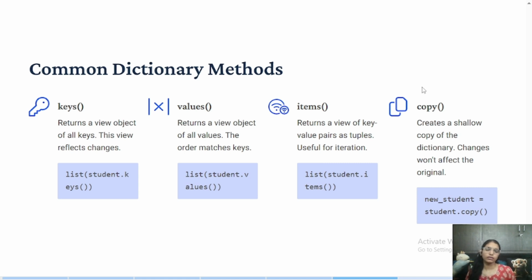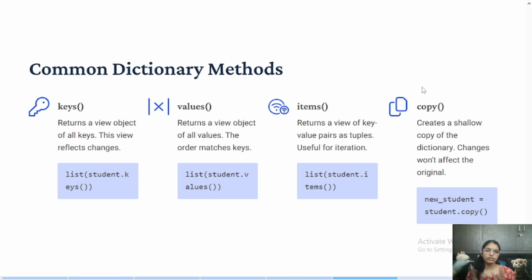And when you look at copy, it creates a shallow copy of the dictionary, and this will not affect the original one. Here, as in the first example, we took the dictionary name student. Now, for another, we are going to take new student, and we need the same key value pairs as the previous example.